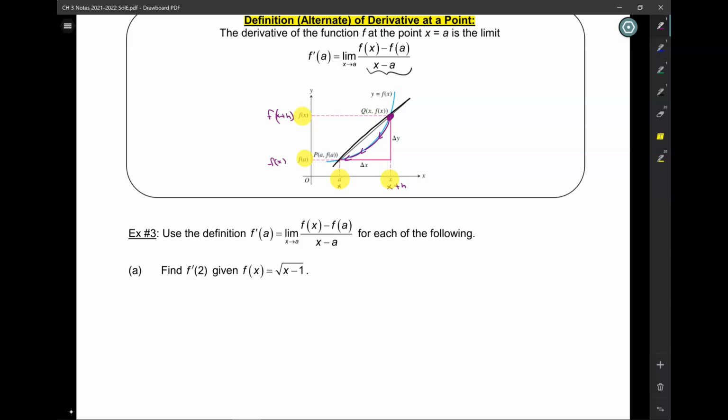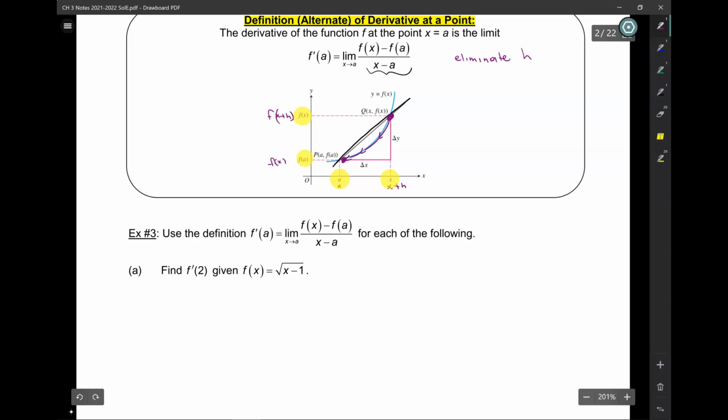So if my values are a and x, as I bring that point closer and closer here, what happens? X takes on what value? A. So there is no more h. So the limit becomes as x approaches a. Okay? And this is a much quicker way of finding it. So this way we eliminate h.